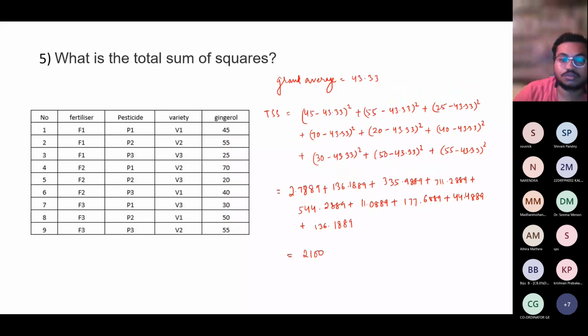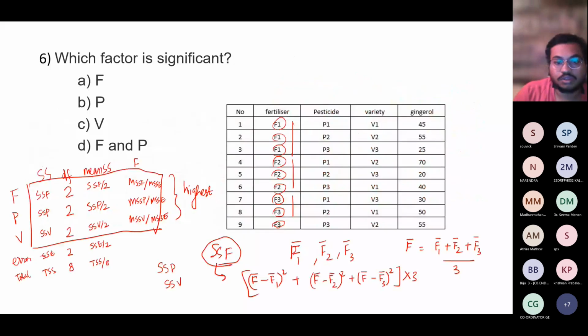So is everyone clear? Those three values we'll use when we are calculating the sum of squares for the fertilizers. We'll have the average of fertilizer 1, the average of fertilizer 2, then a total average for all the fertilizers, which is the average of all these three values.